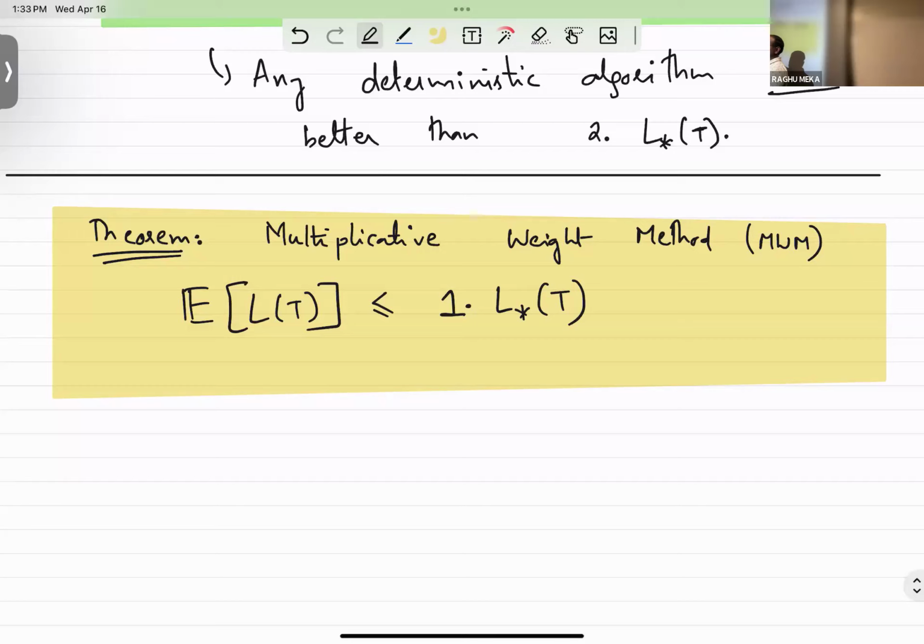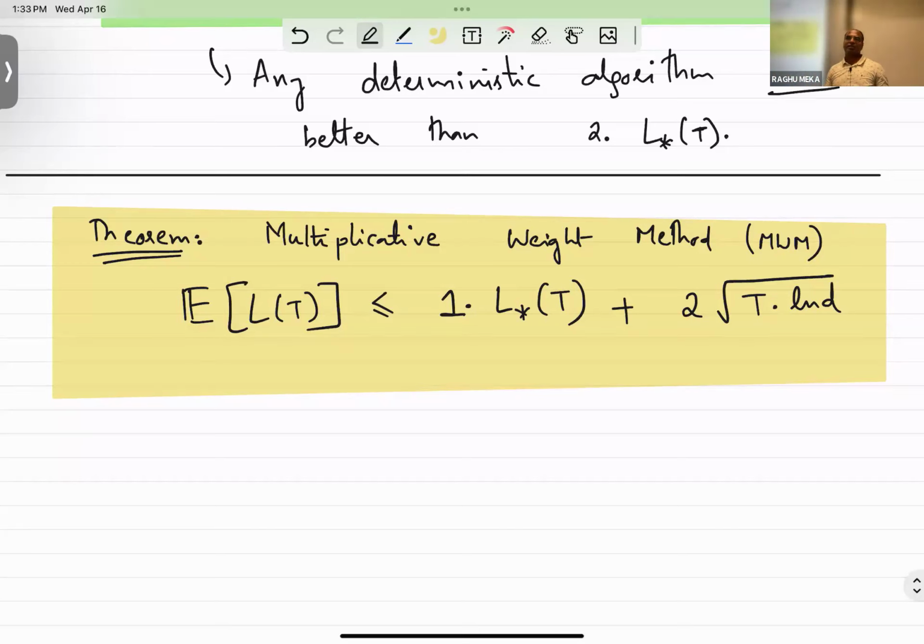So there's no factor of 2 or anything like that here. It's actually an additive gap. The loss that we incur is going to be at most this much. Whatever the loss of the best expert is, plus something additive. How much additive? Square root of the time.